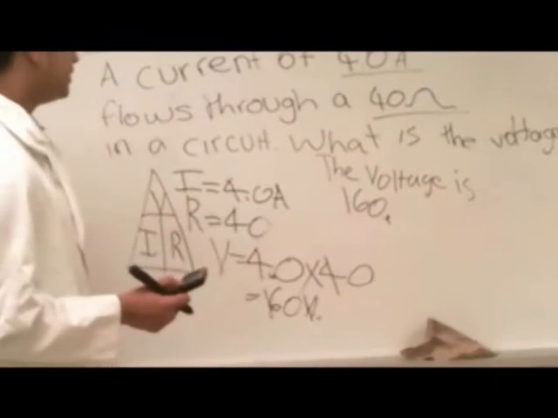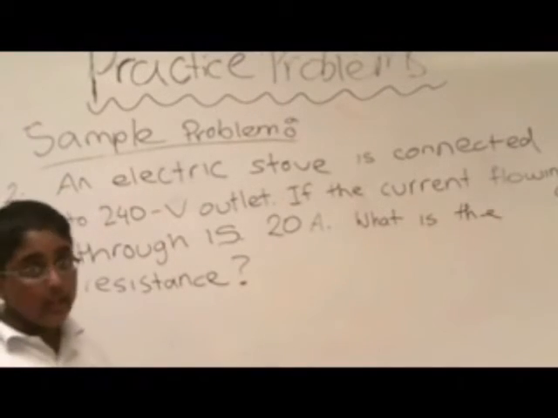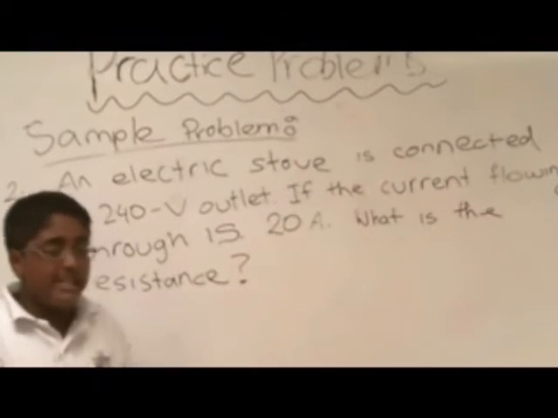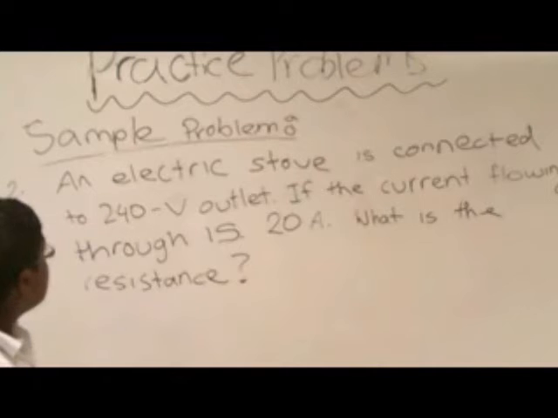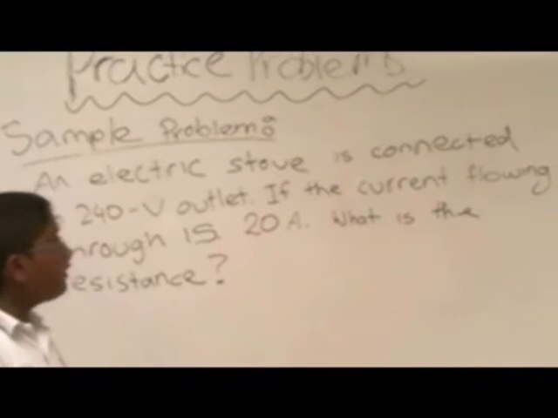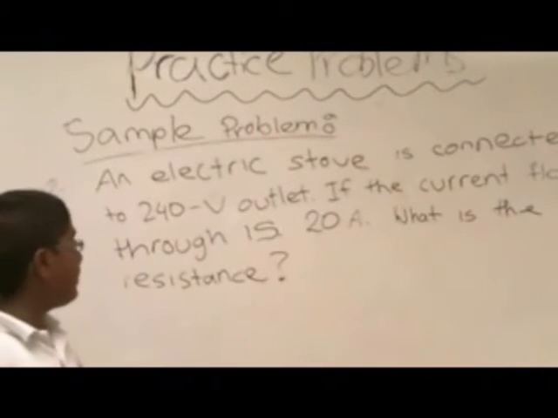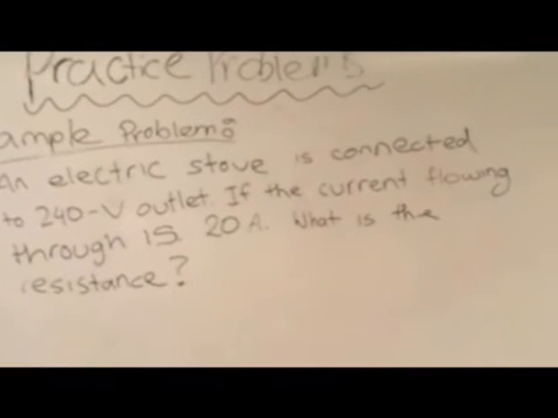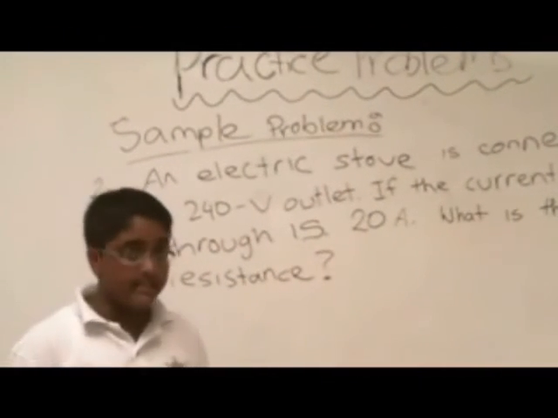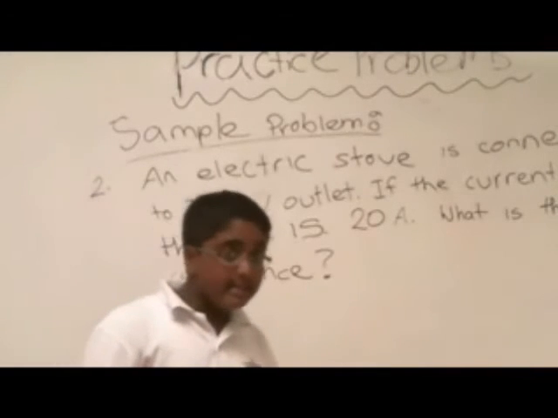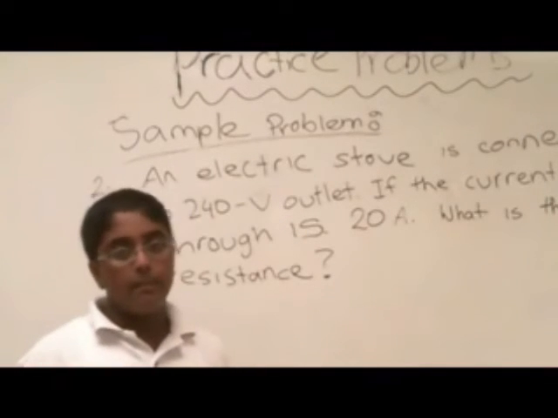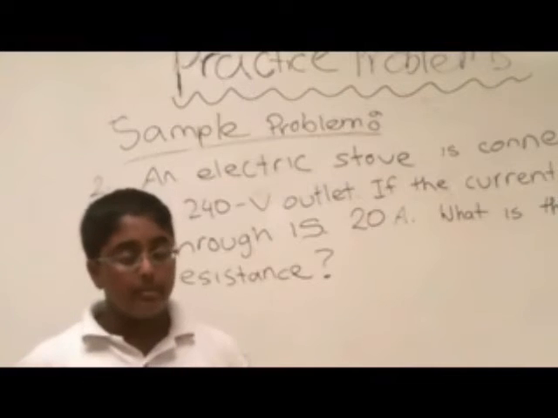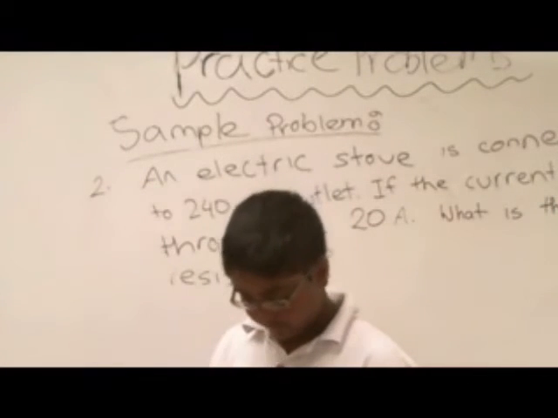So here's another question that I want to help you solve. An electric stove is connected to a 240 volt outlet. If the current flowing through is 20 A, what is the resistance? It may seem hard, but usually what we learn is very easy.